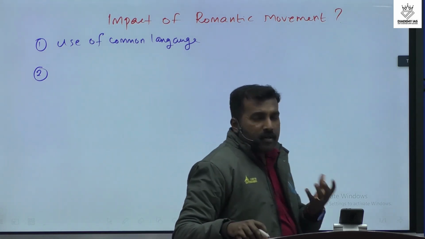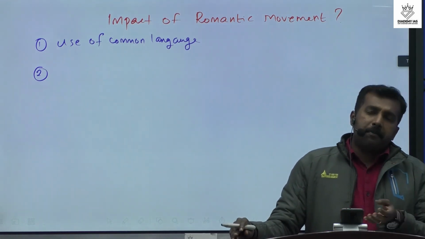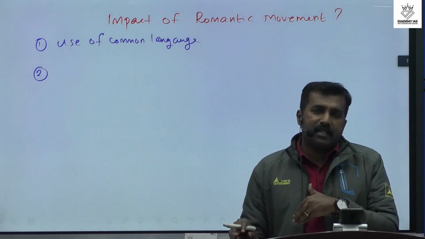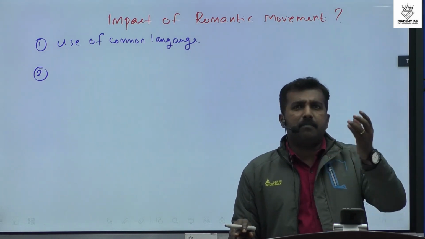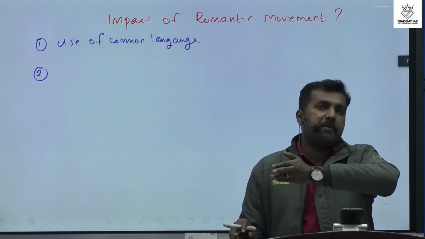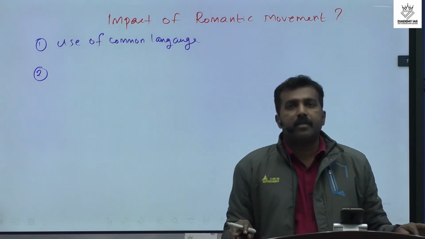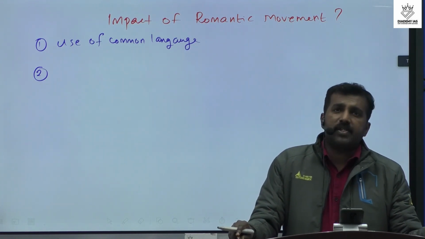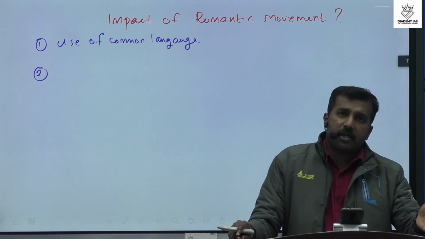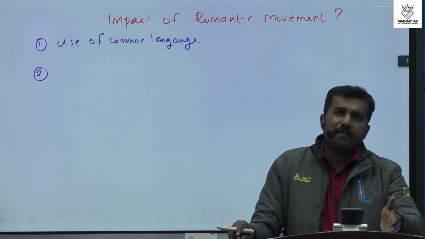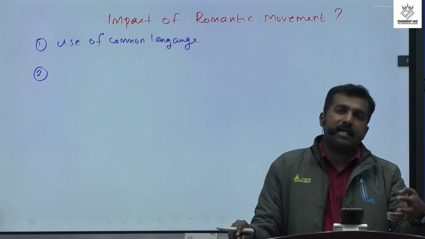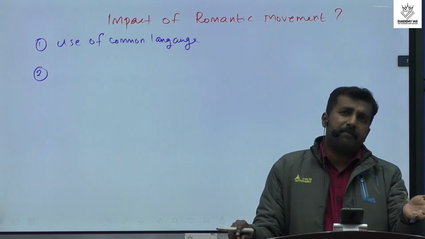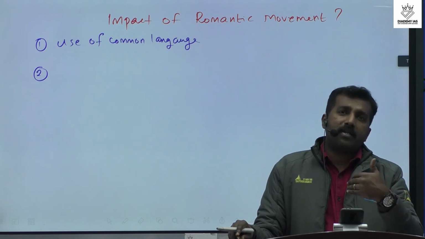We already said the common people generally used English during that time, but before the Romantic literary period, English was only used by the common people, and they were prohibited from other languages like French, because literary works were mainly based on those languages.